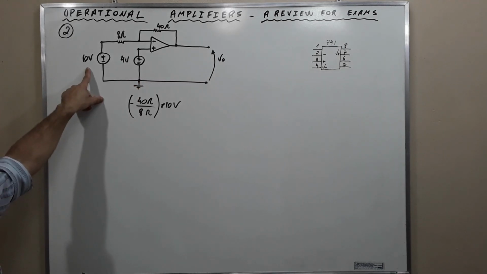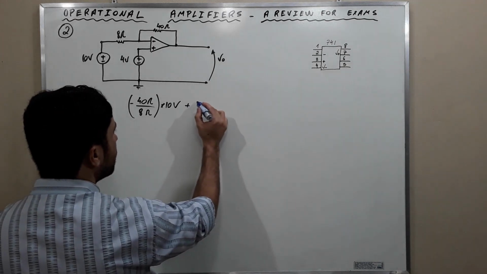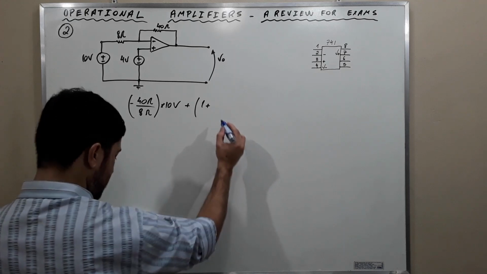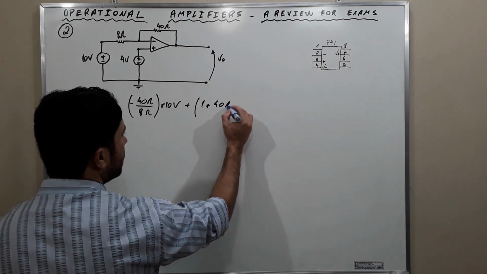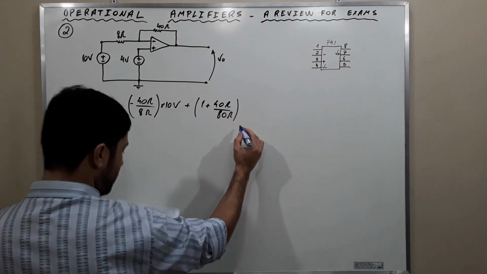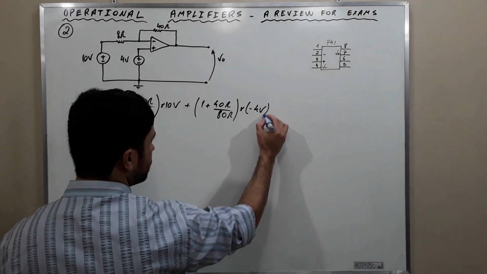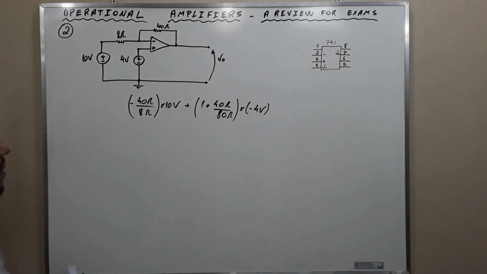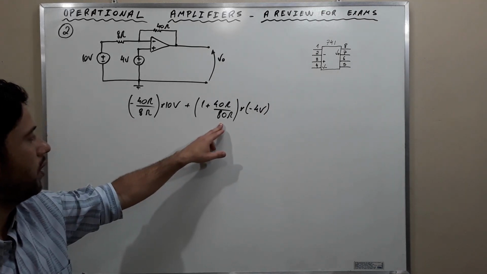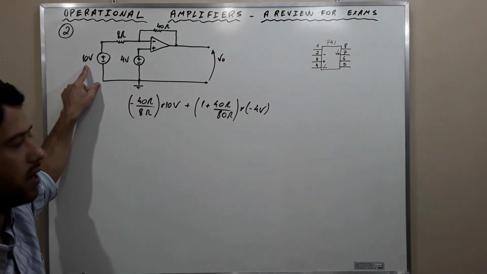But when this voltage source here, 10 volts, is at rest, we find that 1 plus 40 ohms divided by 80 ohms times negative 4 volts. Okay? And this is the output voltage when this voltage here is at rest.